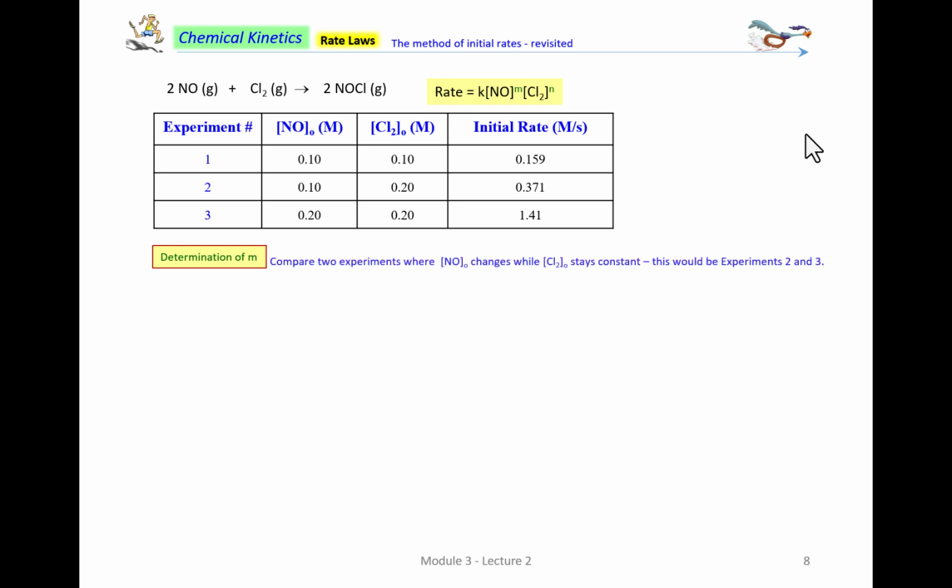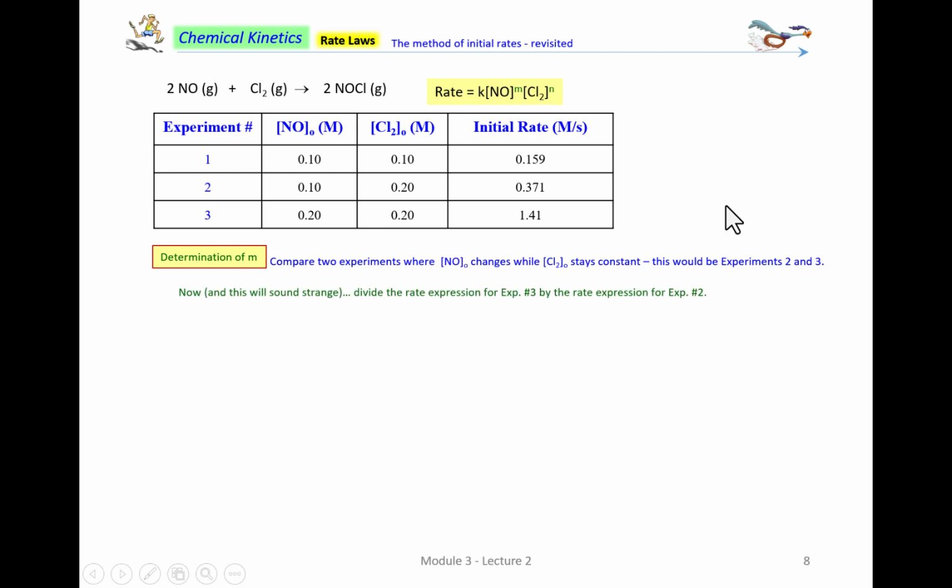And what we'll do here is, as we did before by inspection, compare 2 experiments where the NO concentration changes while the chlorine concentration stays constant. That would be experiments 2 and 3. We want to find out the dependence of rate on NO, so we're determining m. So we're going to change NO and leave chlorine constant.